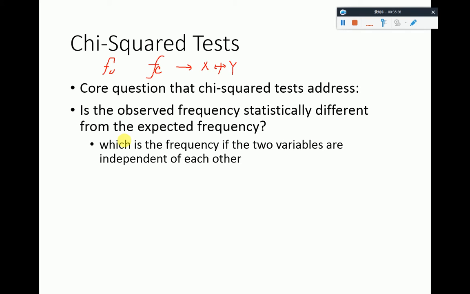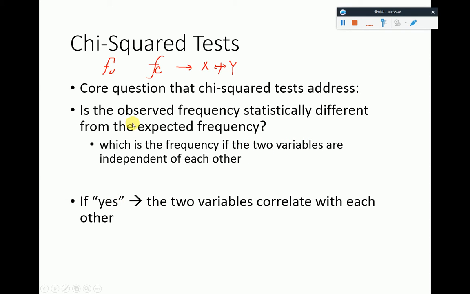Right, so the expected frequency is the frequency to observe a combination of categories if the two variables are independent of each other. So that means if the observed frequency is different from the expected frequency, then by rejecting the assumption that the two variables are independent of each other, we'll begin to accept the alternative possibility that the two variables are actually related to each other, right?